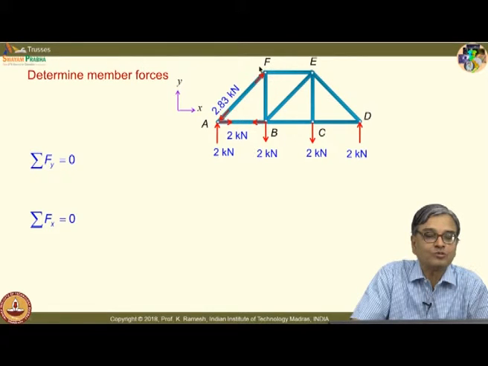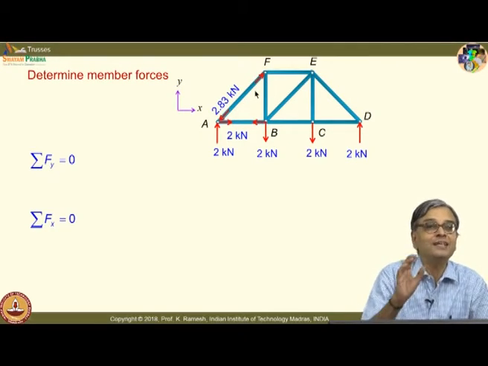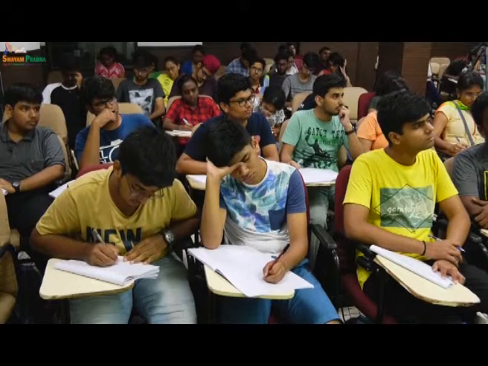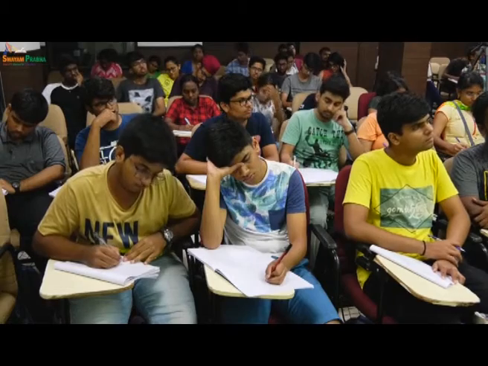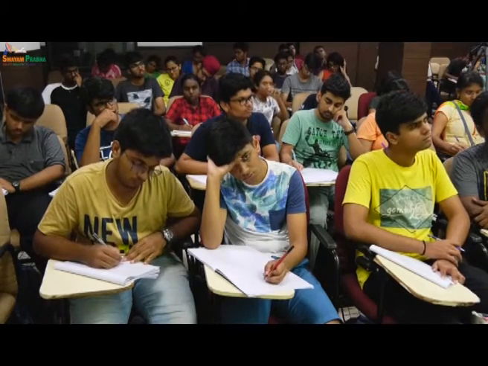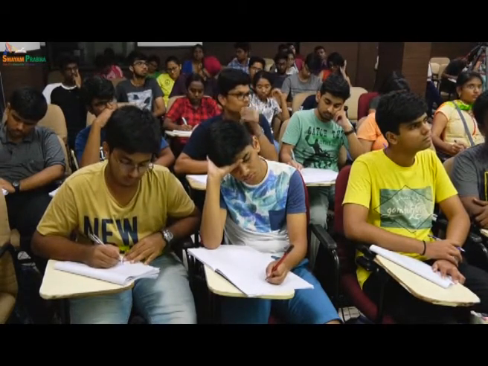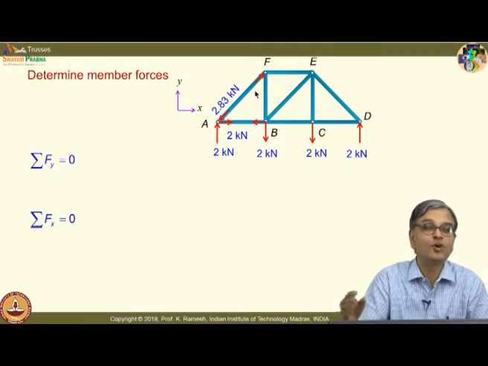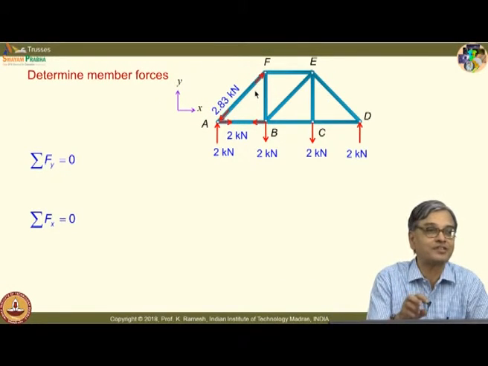So, I would go to joint F, but when I go to joint F, mind you that I have already indicated the force in member AF following our convention. This is under compression, towards the joint is compression. You have no choice of changing this. You have to start with this fact and solve the other member forces. Do not bring in your arbitrary assumptions here.